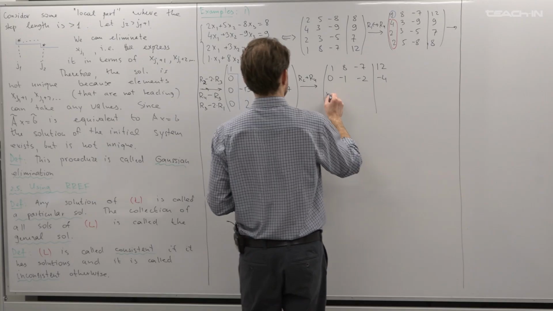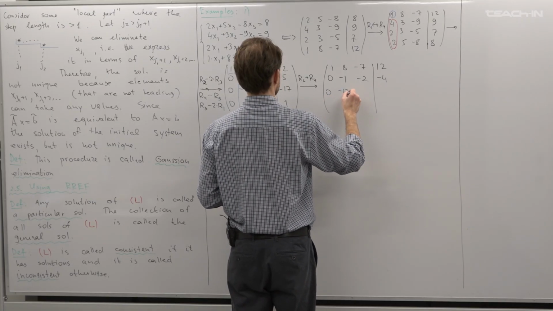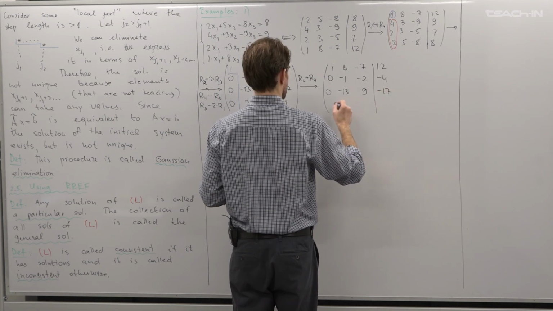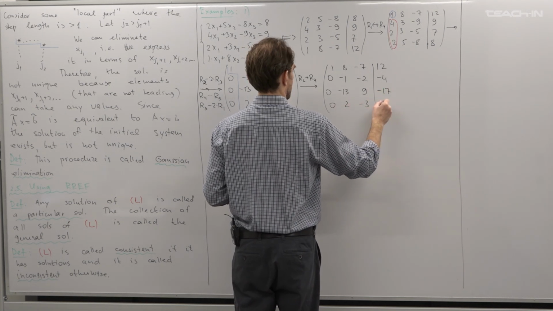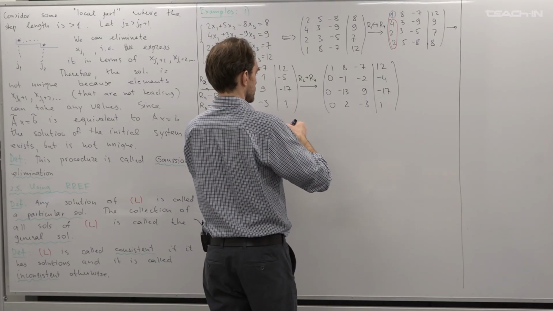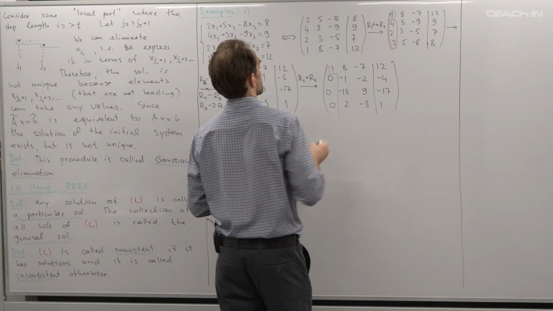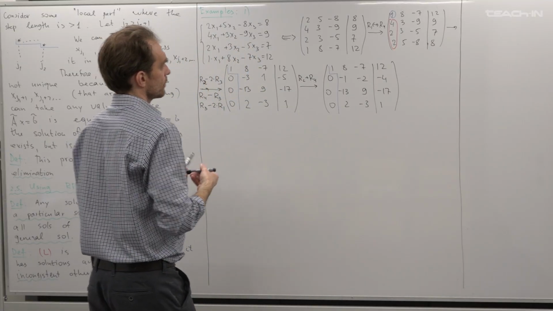Okay, so we have 0, then minus 13, then 9, then minus 17 here, and 0, 2, minus 3, 1. So this is what we get here. So the only difference is in this row.